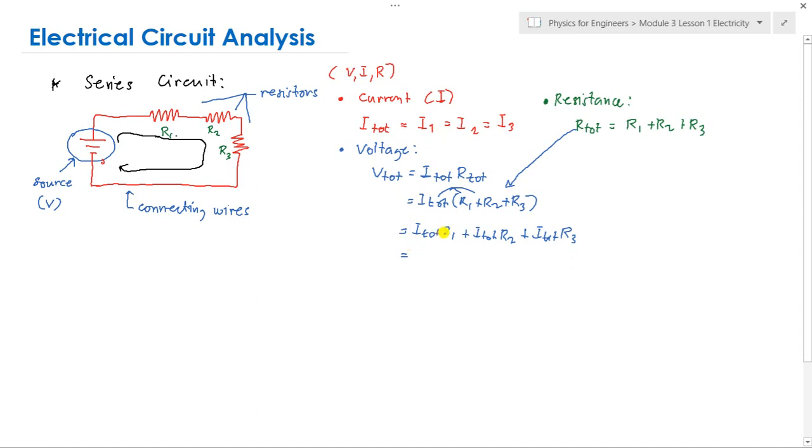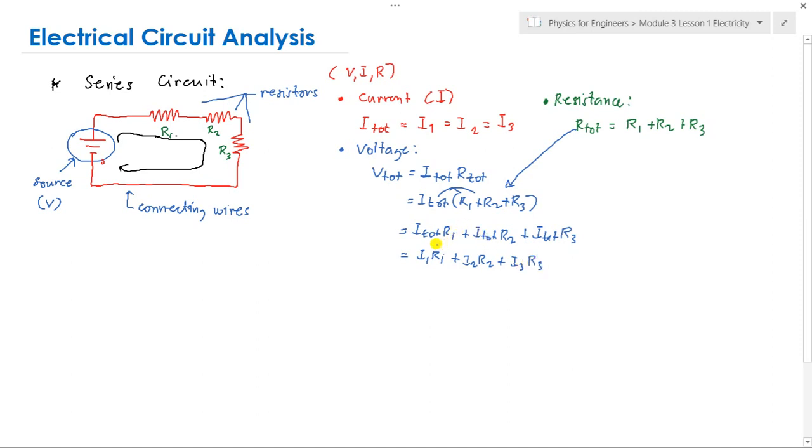So for R1, I can put I1 here, I1 R1. Why? Because I total is equal to the current through any resistor. Then plus I2 R2 plus I3 R3.